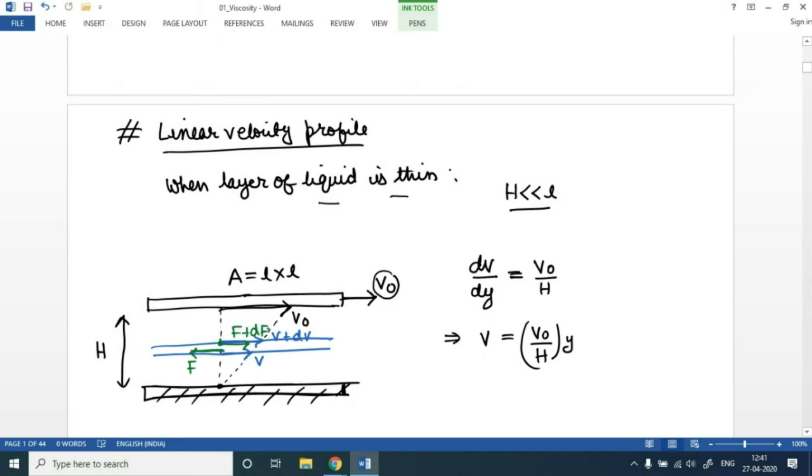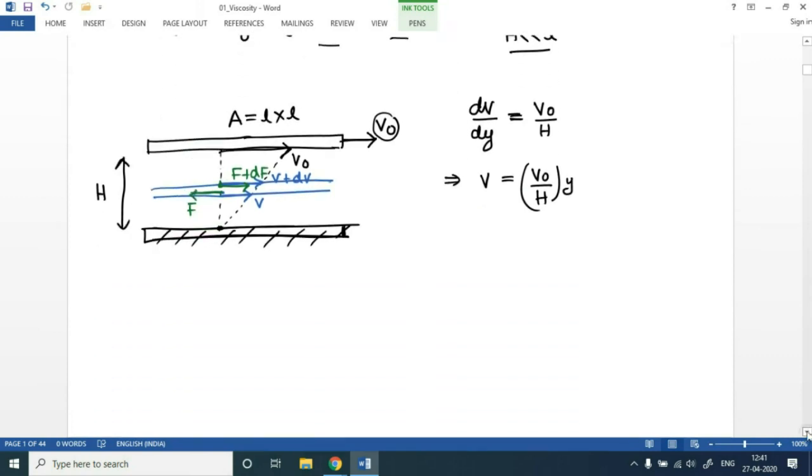Now you see, in this question, we need to find out several things. For example, first of all, what would be the value of this force if we are exerting some external force over here? What would be the magnitude of this external force in order to move the upper plate with constant velocity?